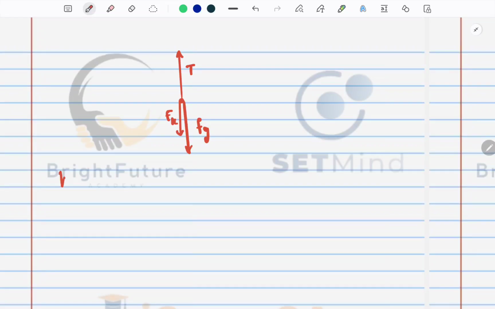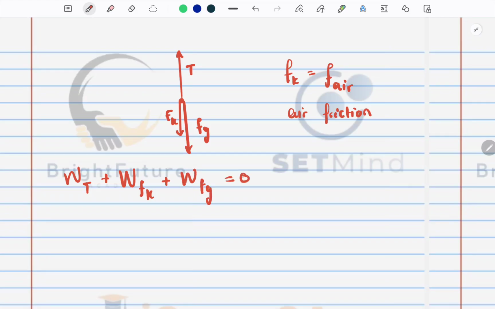We can say we have work done by T plus work done by Fk, which is Fa, your air friction, as a side note. Then we have W Fg equals 0. This is what you have.